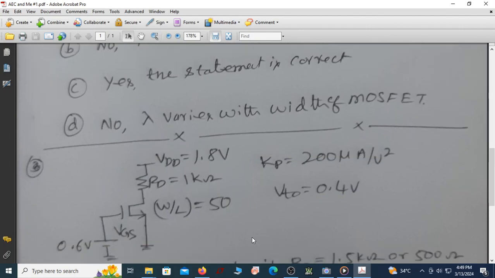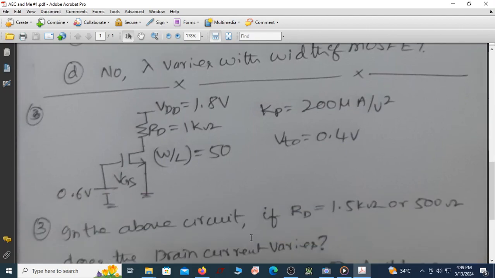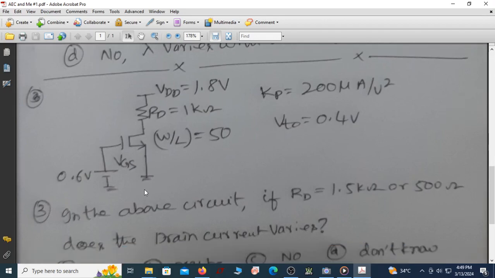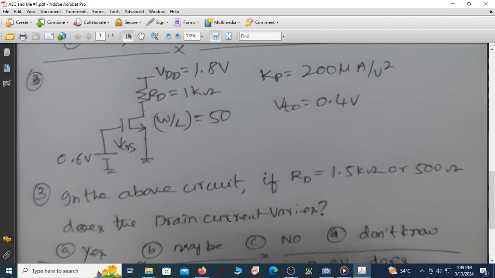Fine. Okay, let us try to find out the third question. A biasing circuit is given, a VGS of 0.6 is applied, and we have been given the value of Kp and VTO, W is also given, and RD is given. In the above circuit it is asked to find, if the value of RD changes from 1k to 1.5k, or from 1k to 500 ohm, does the drain current vary?